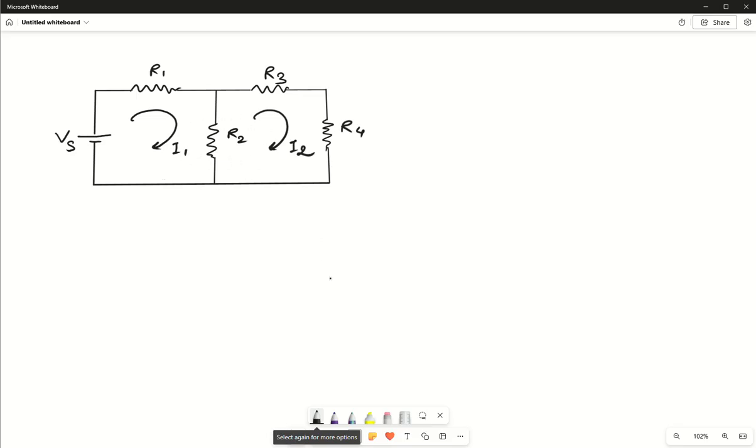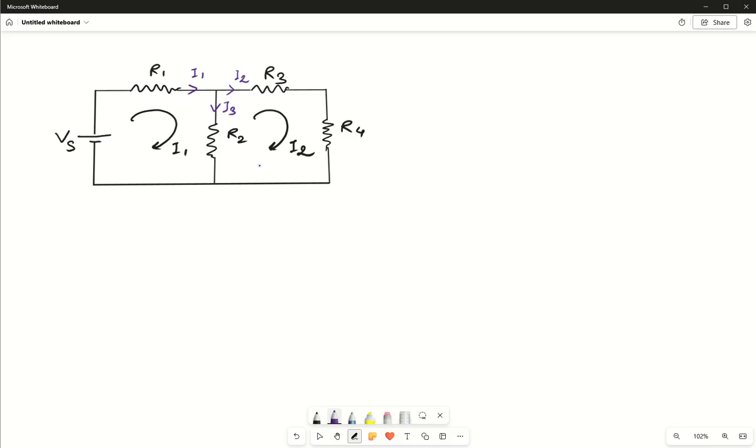Now, as I was saying, we will discuss loop currents and branch currents. If you consider branch currents for this circuit, suppose this is I1, this is I2, and accordingly we have to consider this as I3. In this case we have three currents, but only two KVL equations.